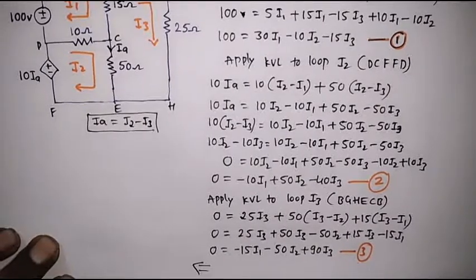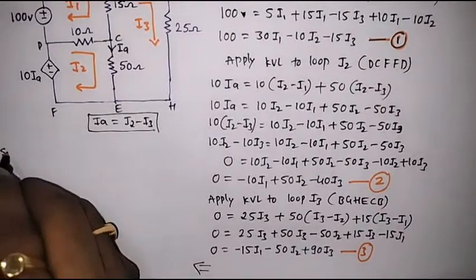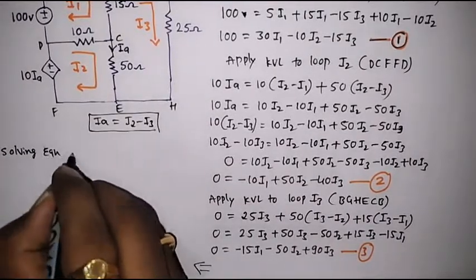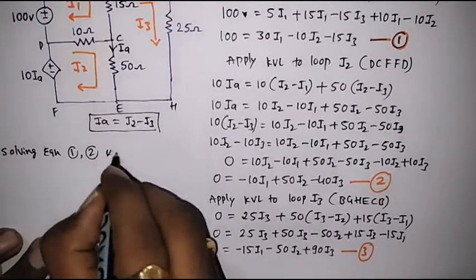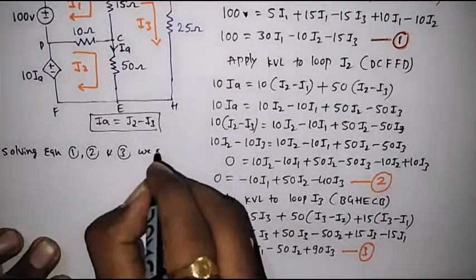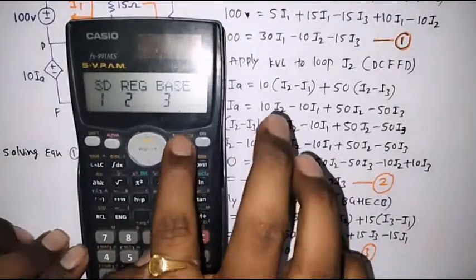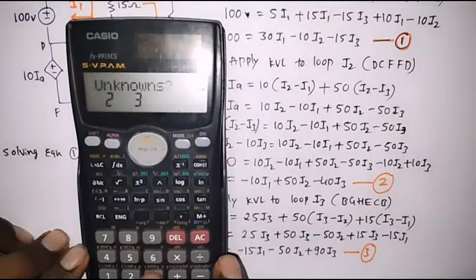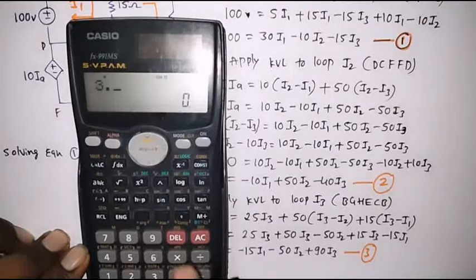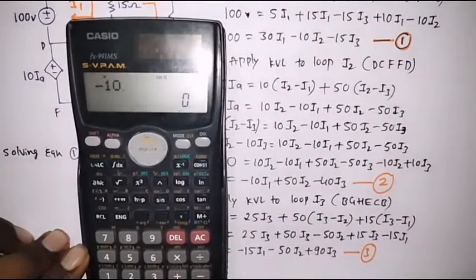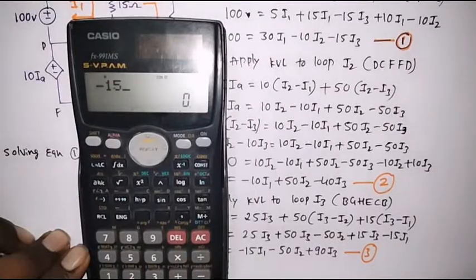Now I'll continue by solving equations 1, 2 and 3. Keep the calculator in equation mode. There are 3 unknowns as we have 3 equations. The coefficient of I1 in the first equation is 30, I2 is minus 10, I3 is minus 15 and the voltage value is 100.